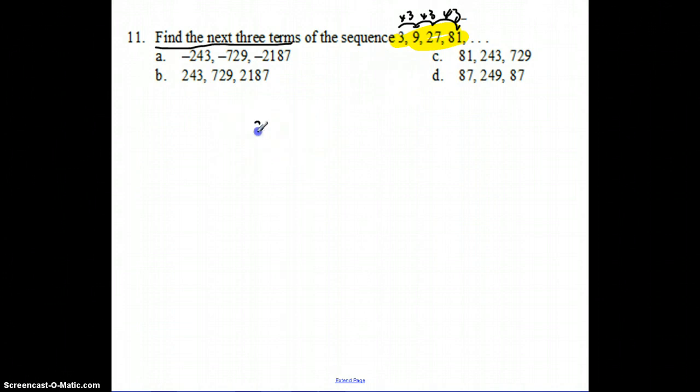So I think I found that our common ratio is 3, which means I have to multiply over and over again by 3 to create the next number and the next number and the next number. My last number in that sequence is 81. If I multiply by 3, 81 times 3 is going to give me 243.